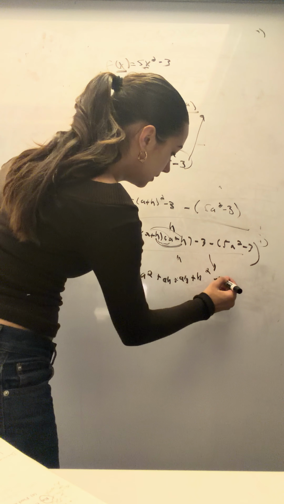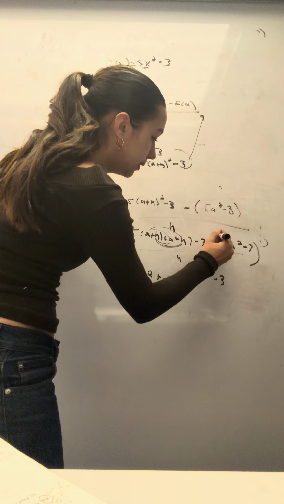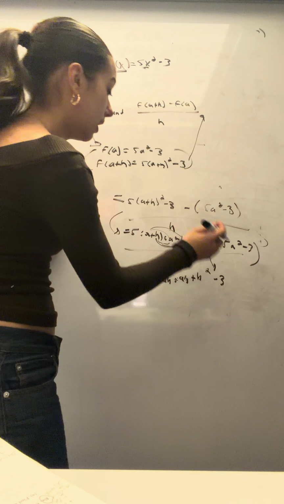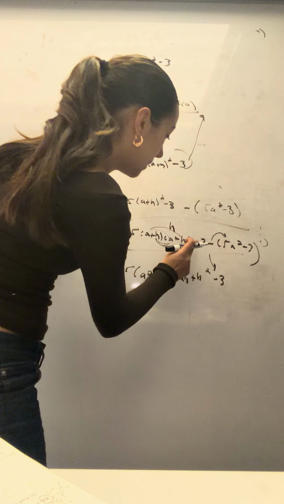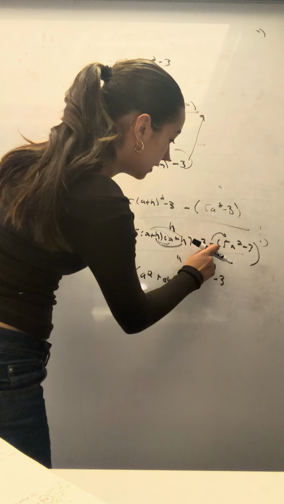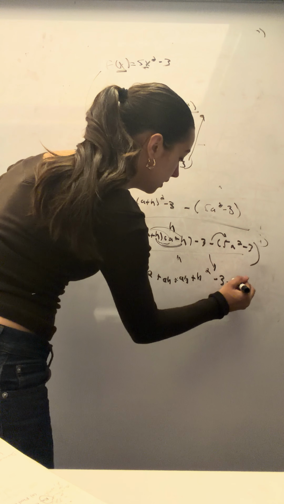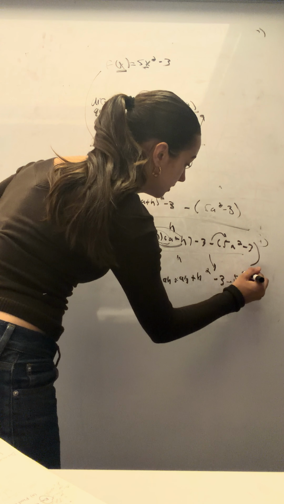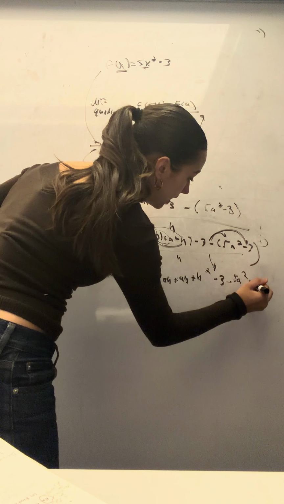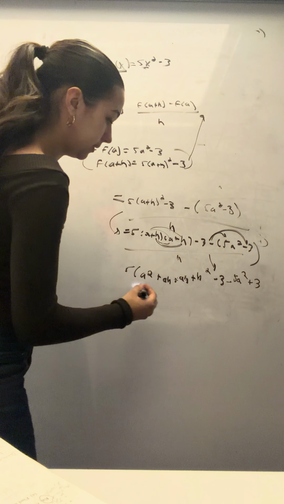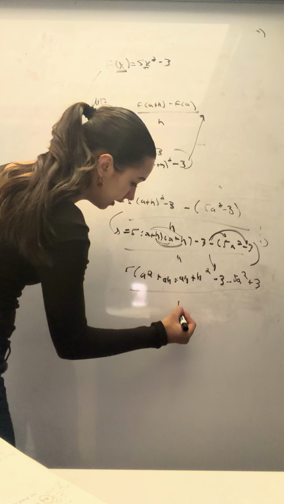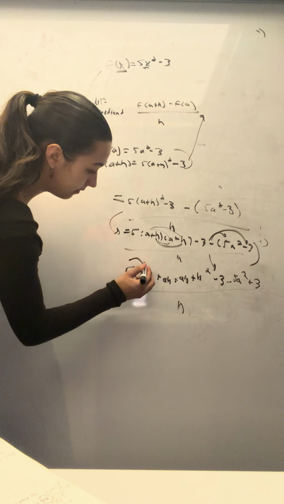So minus, you can distribute out that negative sign, so minus 5a squared plus 3, all over h, and then I can distribute that 5.